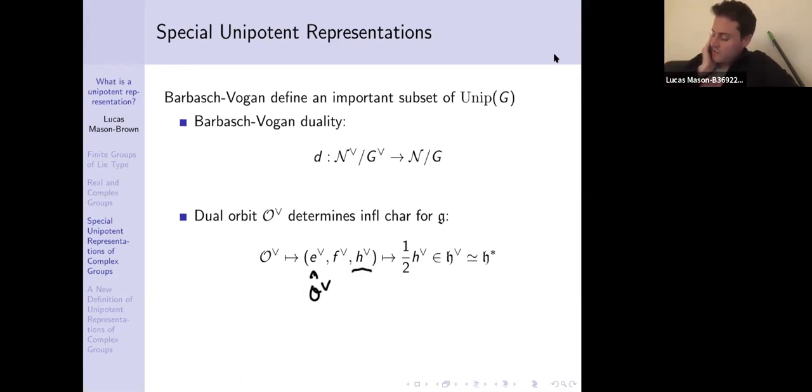And we consider 1/2 of H check, which defines a W orbit in H check, which is canonically identified with the dual of H, the Cartan subalgebra of G. And this Weyl orbit gives us an infinitesimal character by means of the Harish-Chandra isomorphism.